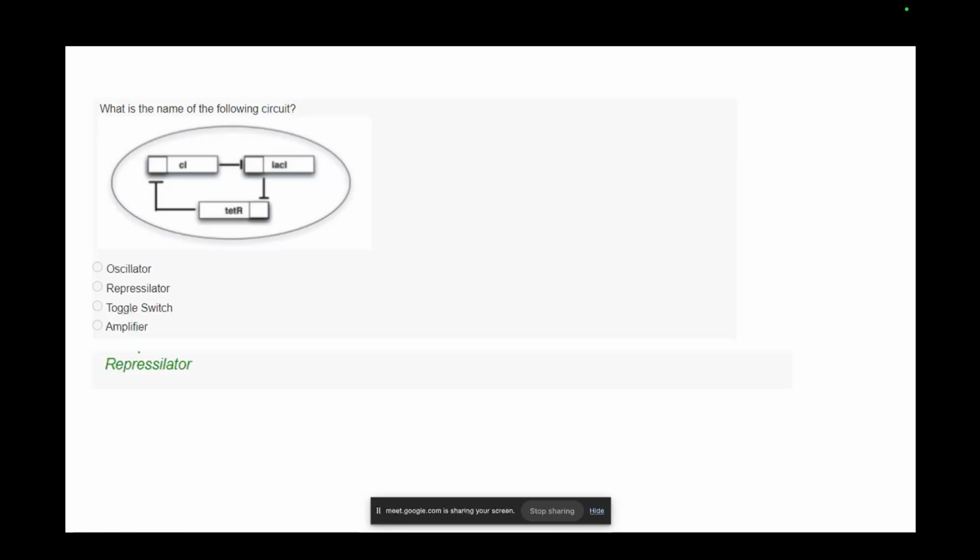So basically, this is a system where all the elements are inhibiting each other or down regulating each other. So that's the reason it's called repressilator. In oscillation, there will be some elements which will upregulate some elements, and there will be some elements which will downregulate it.